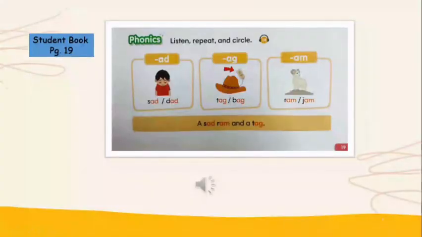Okay, now we learn phonics, how to say the word correctly. You can practice to sound it. Please repeat after me and don't forget to circle the word. Ready? Here we go.